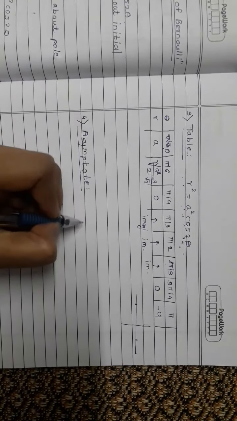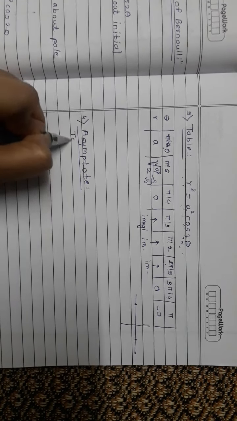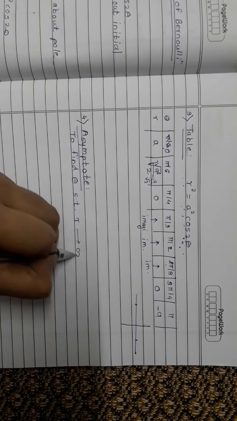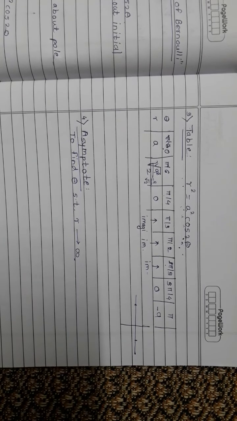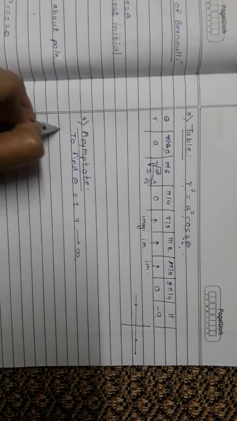So what we need to figure out is to find theta such that r tends to infinity, right? But since cos theta is involved in the given equation, there will be no theta such that r will become infinity, right? So there does not exist any theta, so this implies no asymptote.